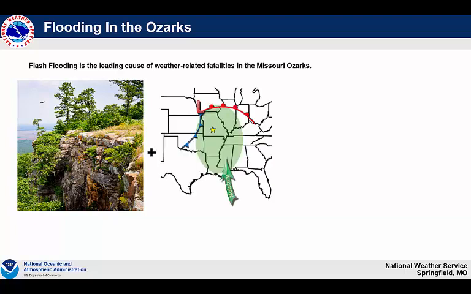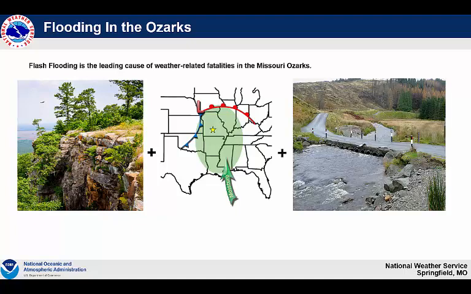And you combine that with our location and our availability to receiving large amounts of rain from weather systems that move across the central part of the United States, with the Gulf of Mexico being a moisture source and enhancing those rainfall accumulations. And then the final factor we look at, a lot of times we have low water crossings that become flooded.